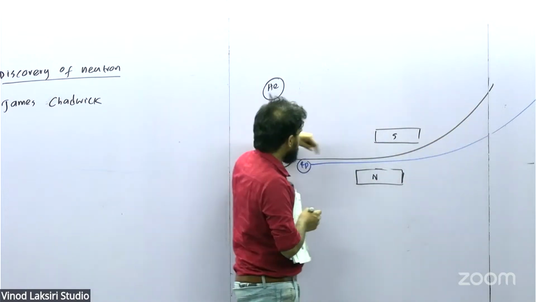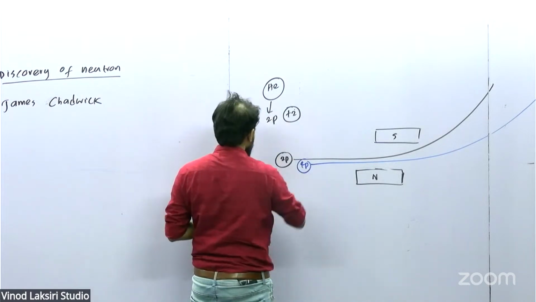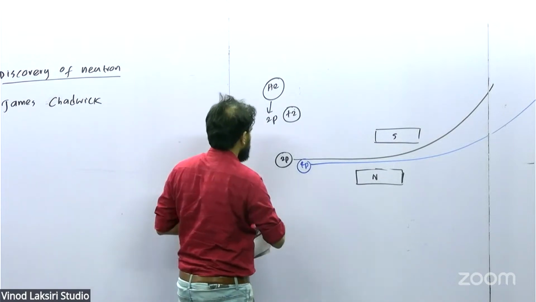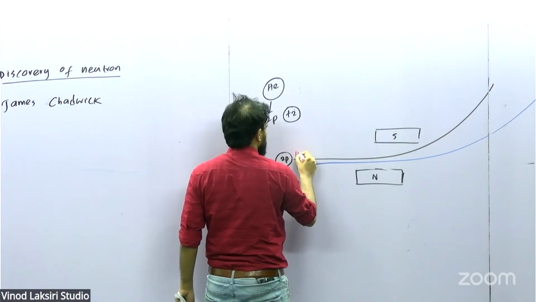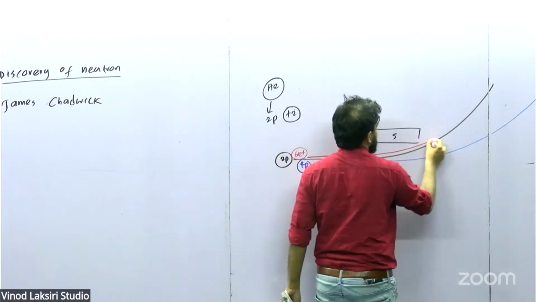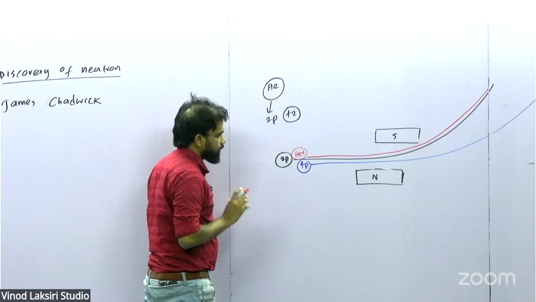Then they expect the path of this helium gas should be the same as this path, that is, the path of a particle having two protons. Not 100% similar, but it should be like this, they expect.